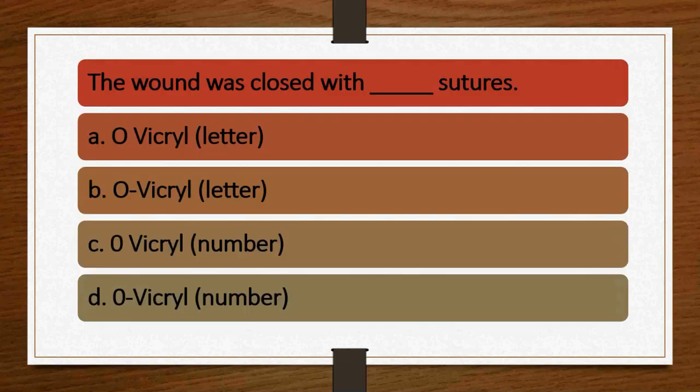Okay. What about the suture, the 0-0 Vicryl? And the dictator says oh-oh Vicryl. How would that be transcribed? With the letter and a hyphen or with a number and a hyphen? Okay, we've got a mixed bag this time.